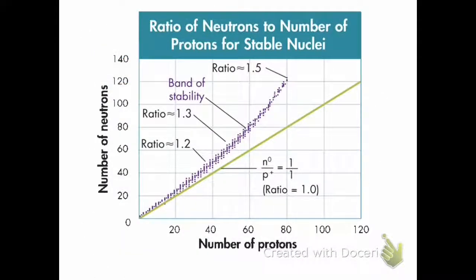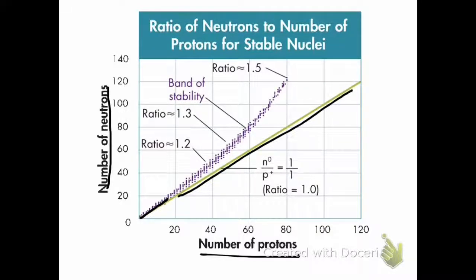So here's a little graph that illustrates what I was just saying. Here on the x-axis we've got the number of protons, and on the y-axis we've got the number of neutrons. Now for these light elements we tend to have about the same number of protons and neutrons, but then it starts going off, right? This green line here is your 1-to-1 ratio, 1 neutron for every proton.